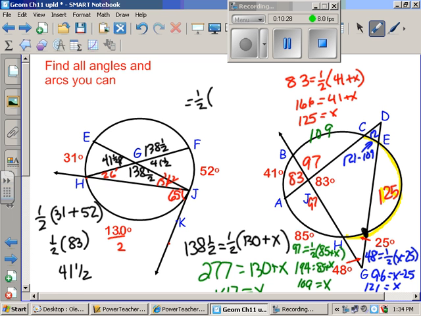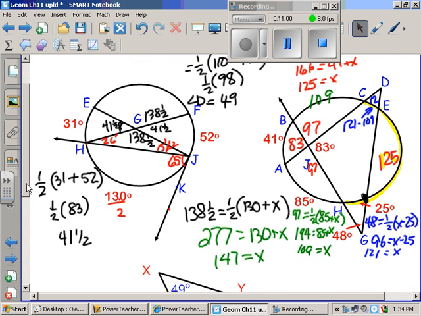So that's 110 minus the smaller arc, which we just solved, and it's 12. So 110 minus 12 is 98, and half of 98 is 49. So angle D is 49.